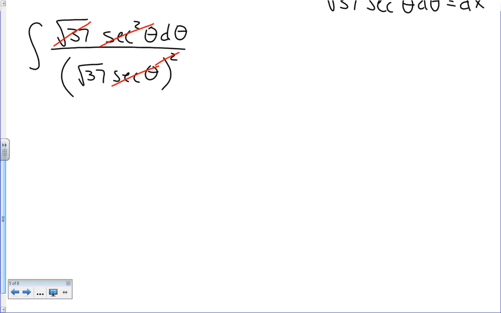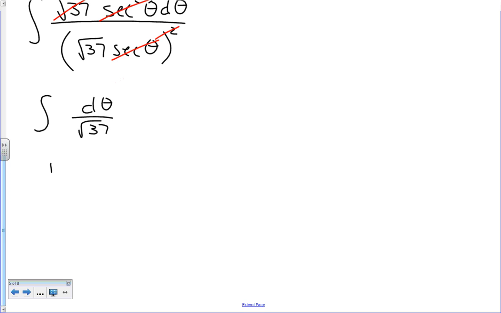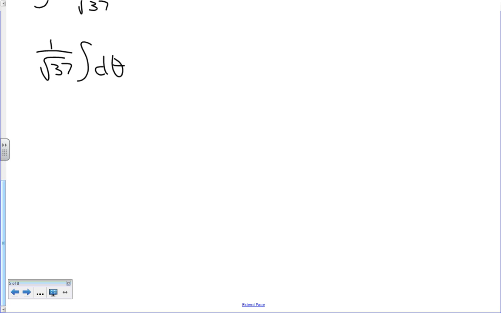So we actually have just d theta over the square root of 37. In fact, the square root of 37, that's just a constant. We could pull that out front. It's 1 over the square root of 37 times the integral of d theta. If it helps you to do it that way, then certainly write that out. But the integral of d theta is just theta. So we have 1 divided by the square root of 37 times theta plus c.